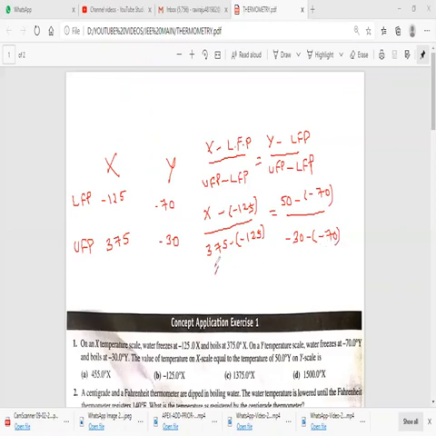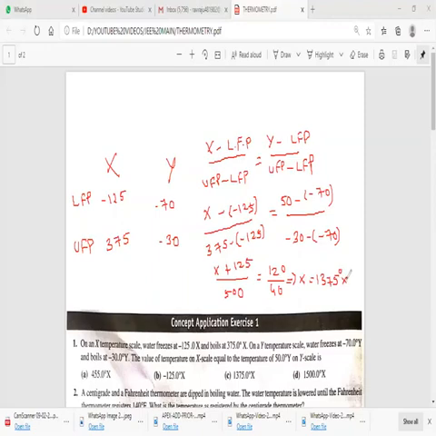If we solve these equations, X plus 125 by 375 plus 125, which is 500, equals 50 plus 70, which is 120, by minus 30 plus 70, which is 40. By solving these equations, you get the answer for X is 1375, and since you are taking the X scale, the unit you can write is degree X.